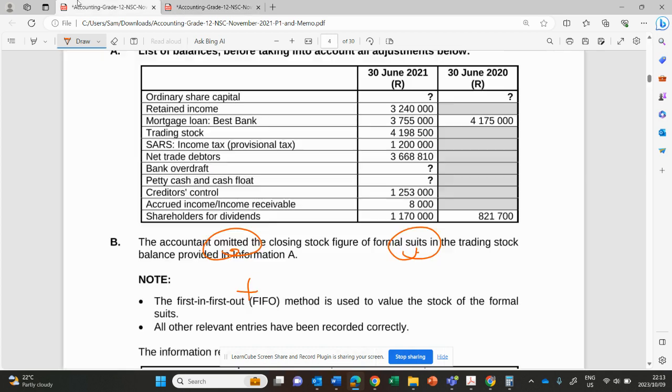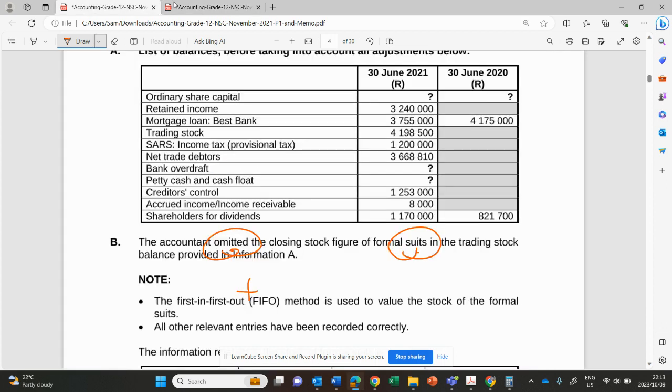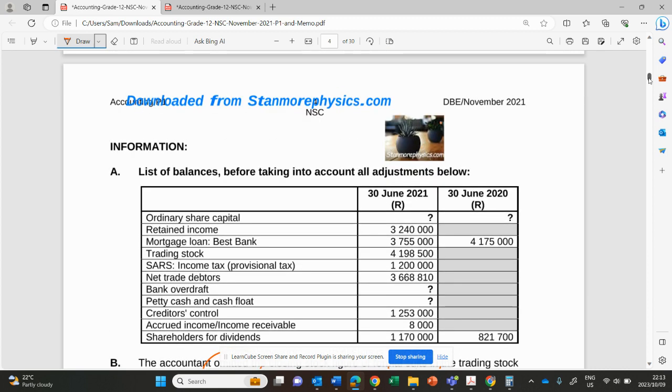Now you go get the information about the things that will go to other receivables.